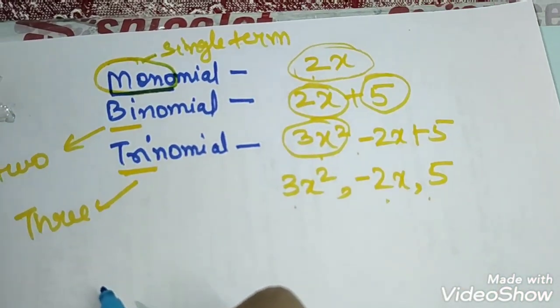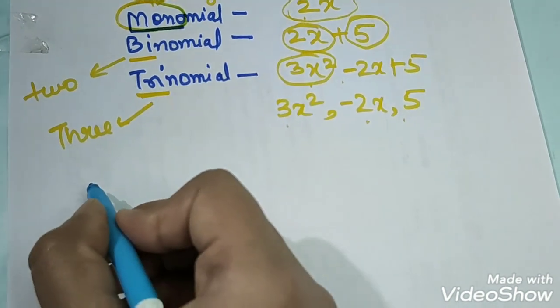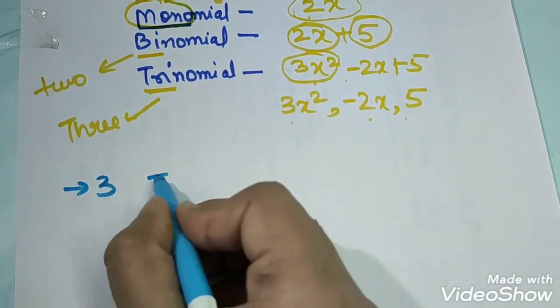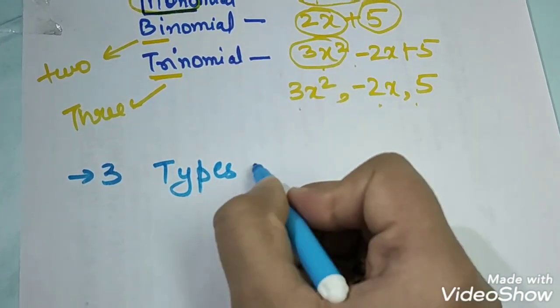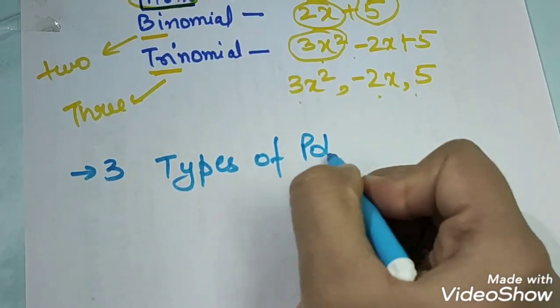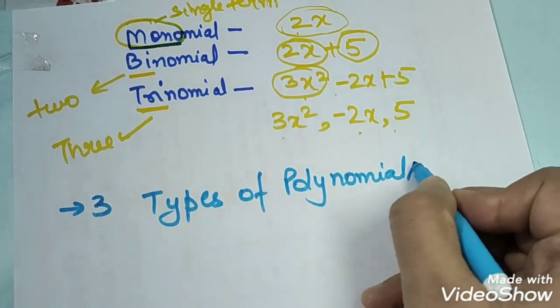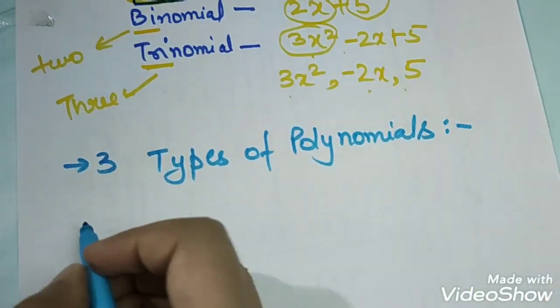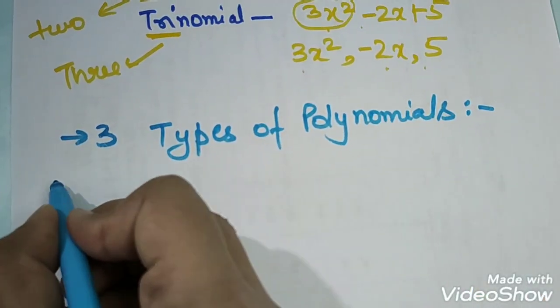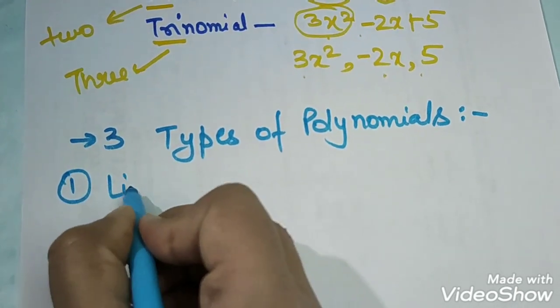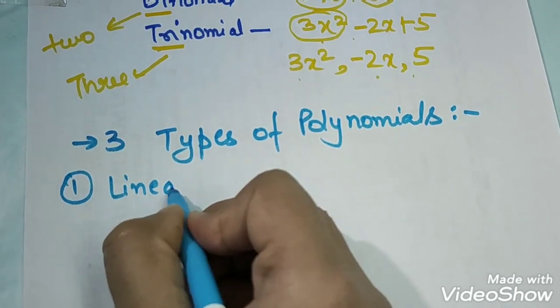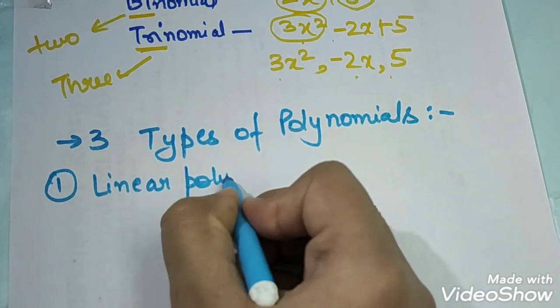Now we will learn about three types of polynomials. The first we will learn about is the linear polynomial.